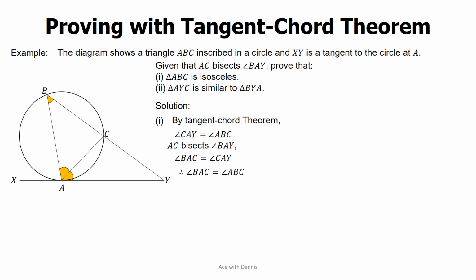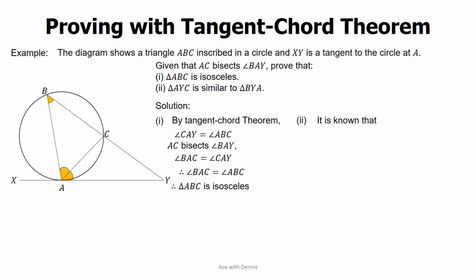Therefore, angle BAC equals angle ABC, which satisfy the isosceles triangle property. Therefore, we can say that triangle ABC is isosceles.